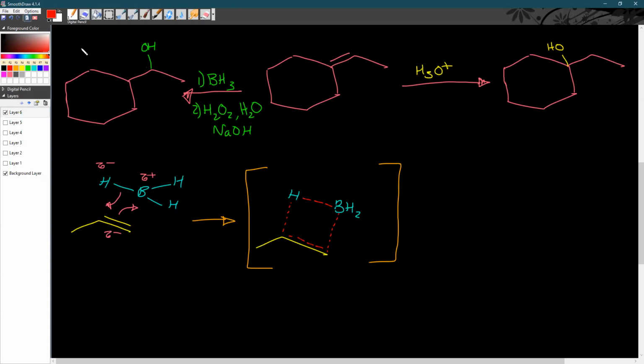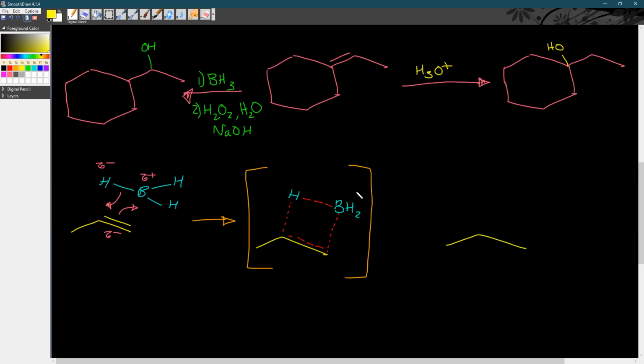And what happens is that this intermediate eventually turns into our hydrogen and our boron coming down, they're landing like an airplane. And what happens is we end up with the hydrogen on the more substituted side and our boron on the less substituted side. Okay?